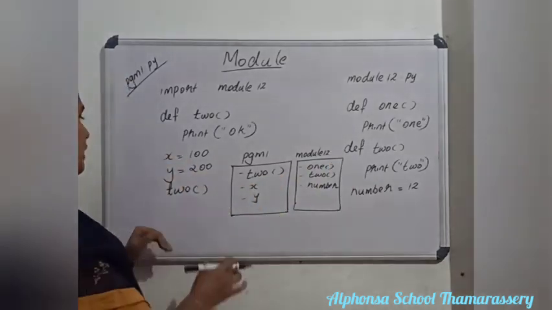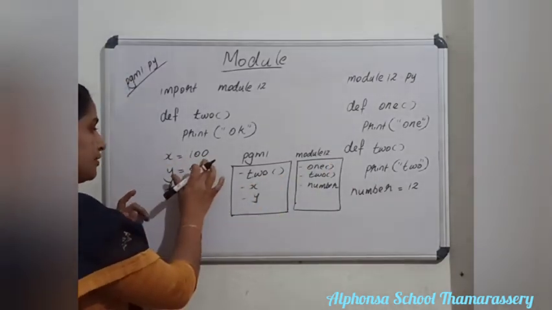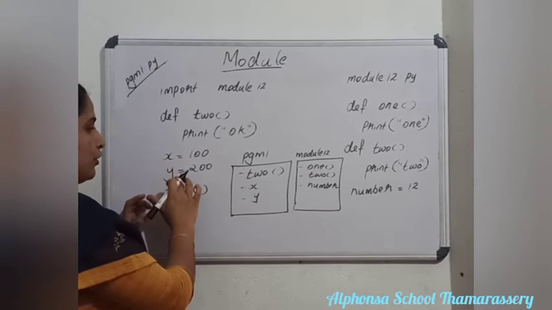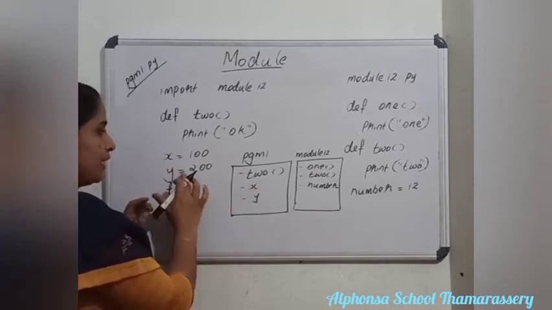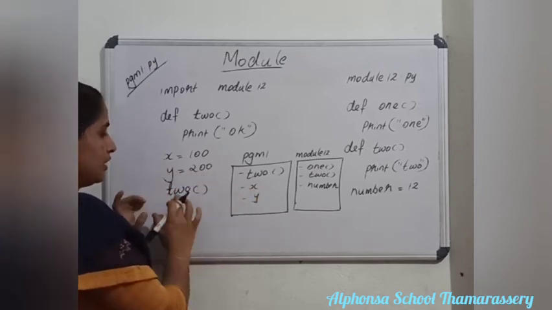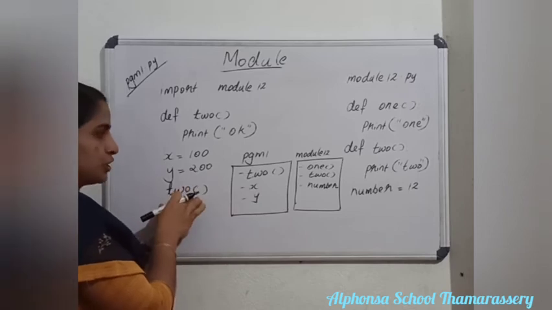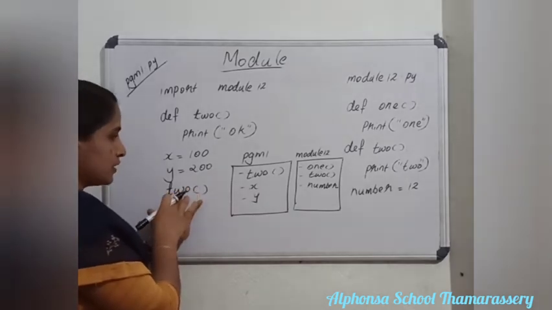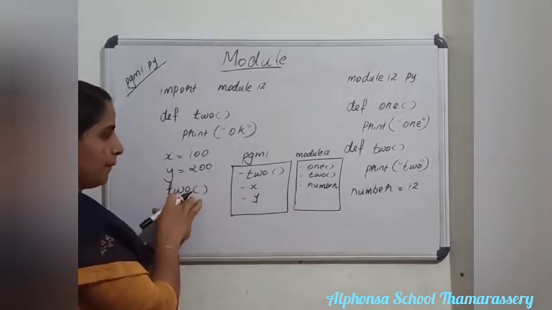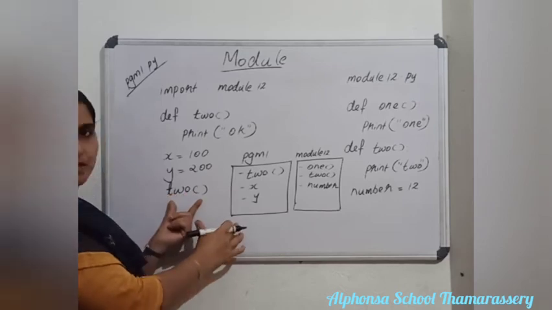Here I am using x equal to 100, and it obtained the value from this namespace, y equal to 200. Then two: here I am using function two, so it uses function two from the present namespace.